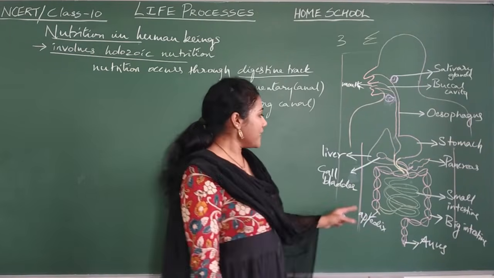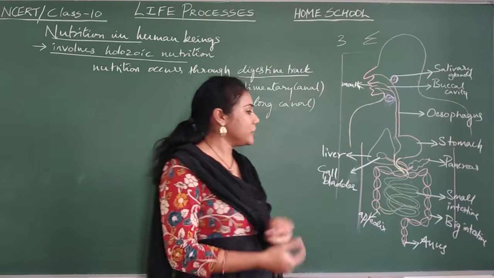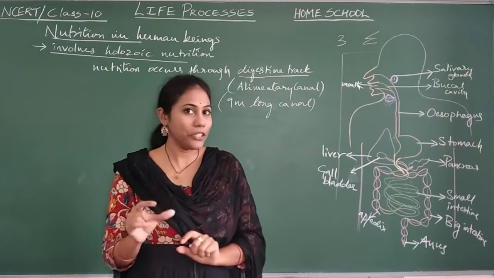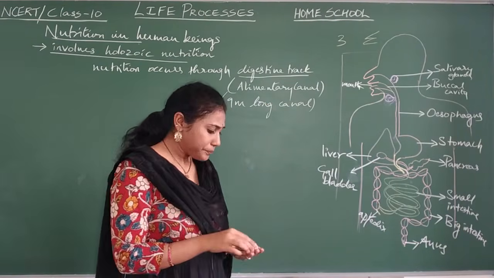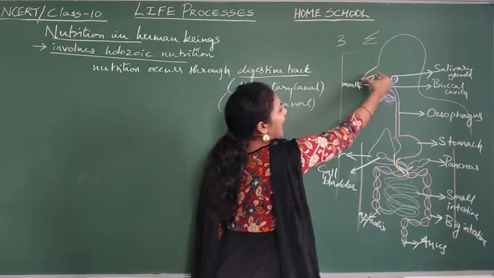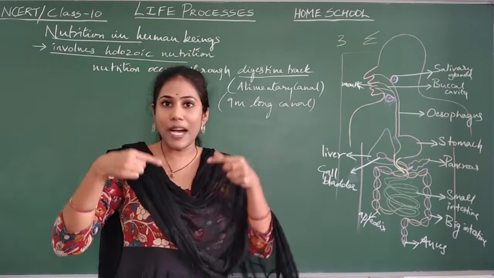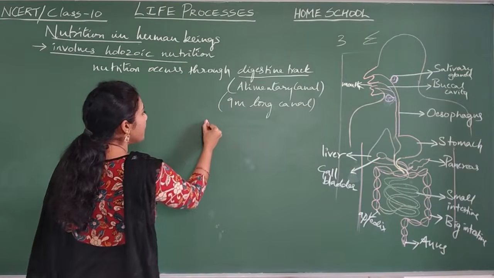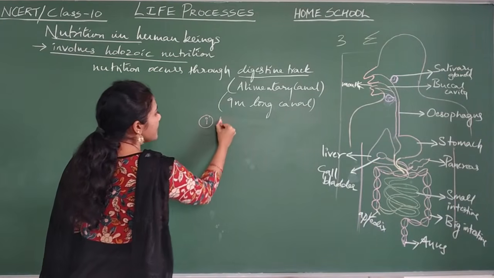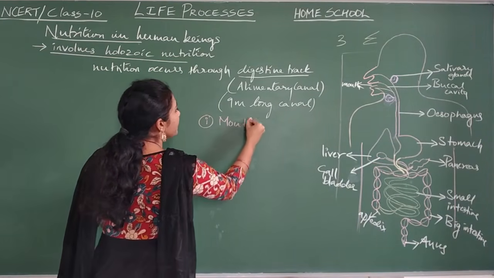Okay, so this is about our digestive tract. The digestive tract mainly includes, where do we take food from? Our mouth. So the first organ we have to discuss is the mouth.